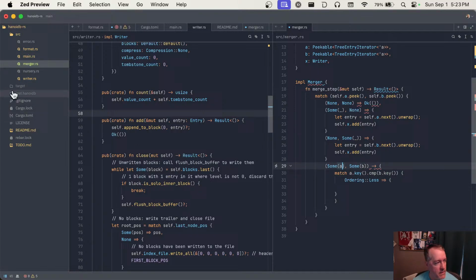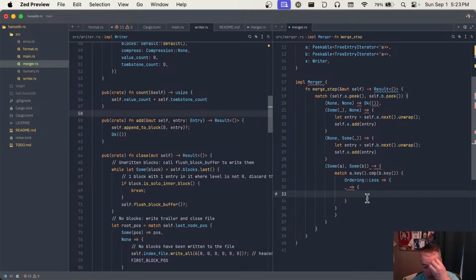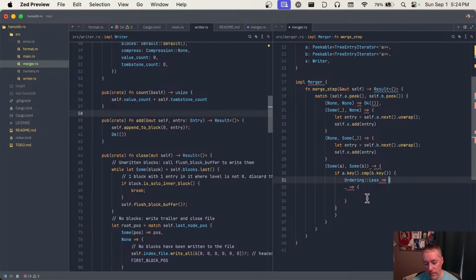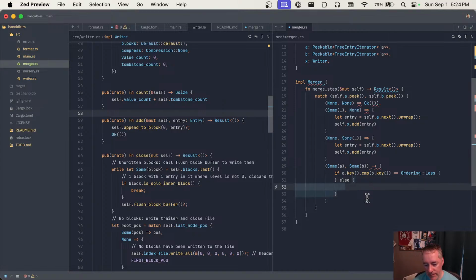What's wrong with that? We can do this because we only want to keep A because we know B is newer, right? That was one of the assertions that we were making in the Erlang code. What did I do wrong?